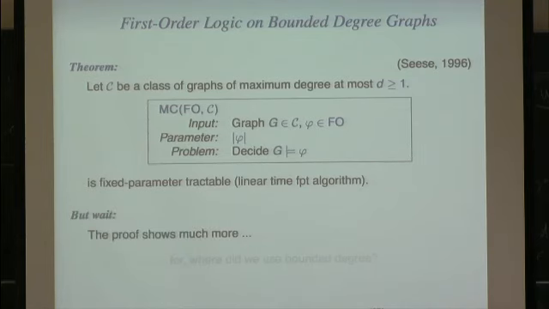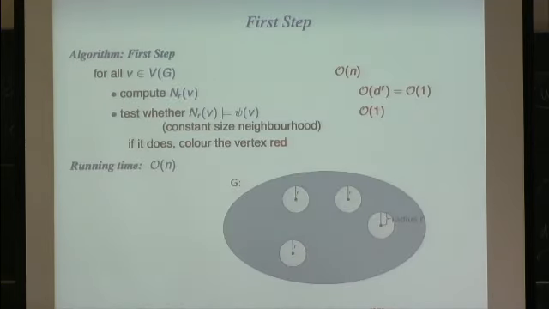So where did we actually use the fact that we had bounded degree? Because we are showing much more than we had to show. Well, we used it at 2 points. One here: we computed the R neighborhood around the vertex, and then in that R neighborhood, we just checked an R local formula. And here, because it was constant size, we could do this. So that's one point where we need the bounded degree property.